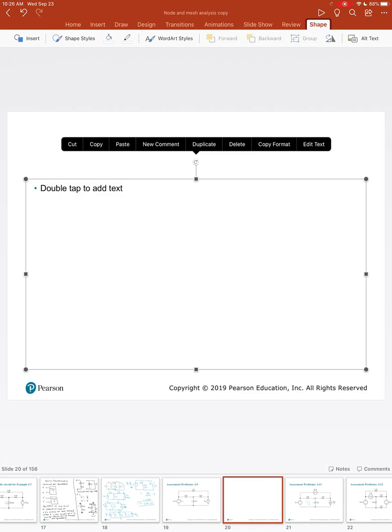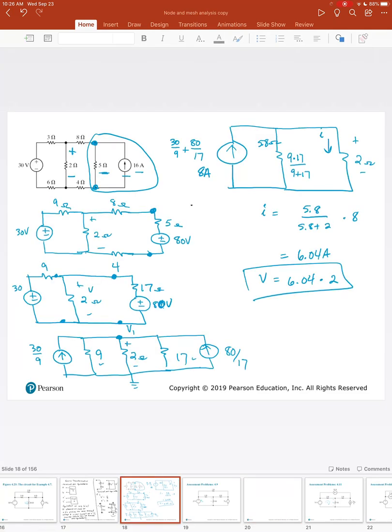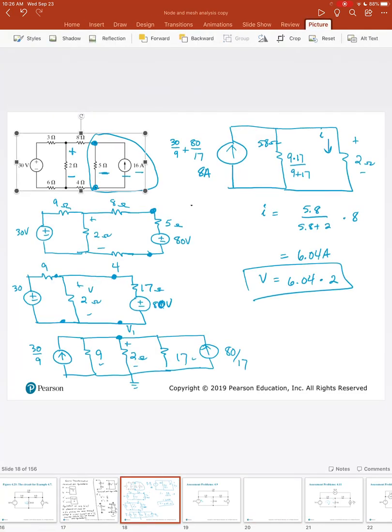Yeah, it just doesn't want to keep that in its memory. So let's go back and find that circuit again. Copy. All right, so let's find the circuit again.